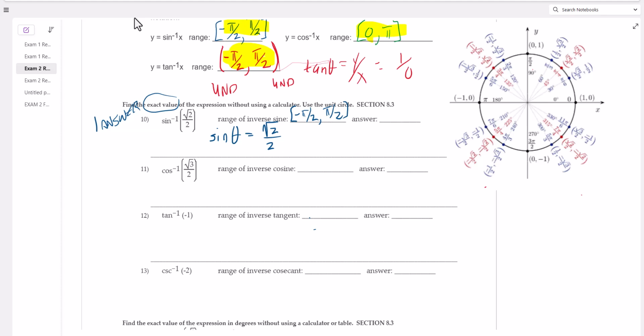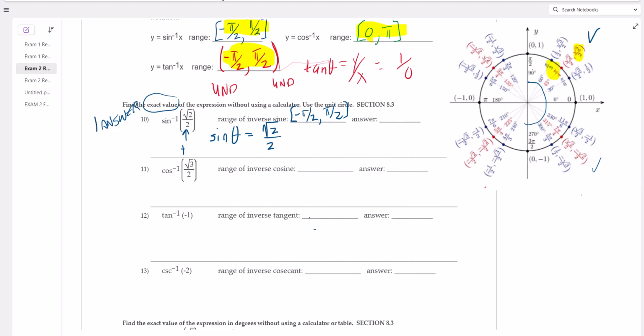Now this is a positive value right there, so that means you have to be in quadrant 1. So on an inverse sine, you're either in quadrant 1 or you're in quadrant 4, because your range is from negative pi over 2 to pi over 2. Now you look up the y value. The sine is the y value, so determine where that happens, and that's going to happen at pi over 4.